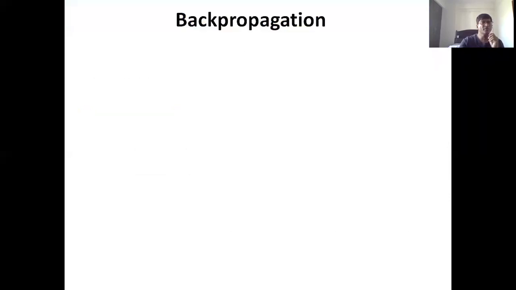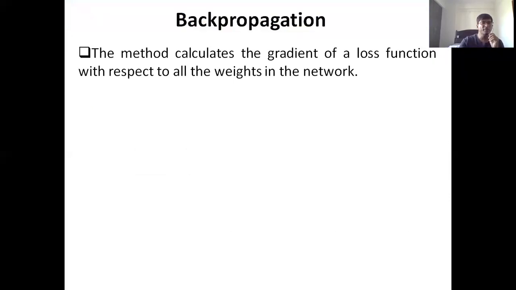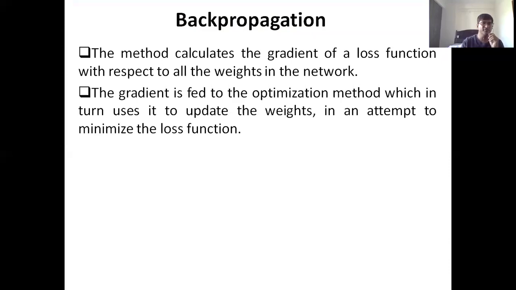The method, as I've told already, is that we would be using the gradient to calculate the loss function. So the gradient is basically the first order derivative of the squared difference between your calculated output and the target output, right?